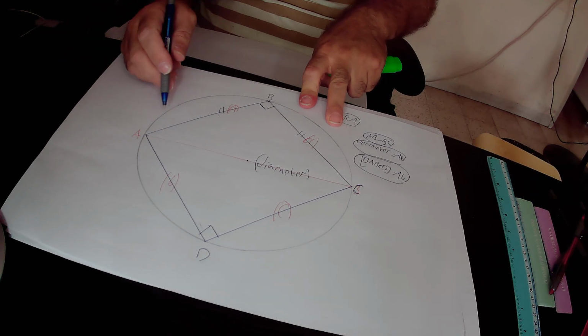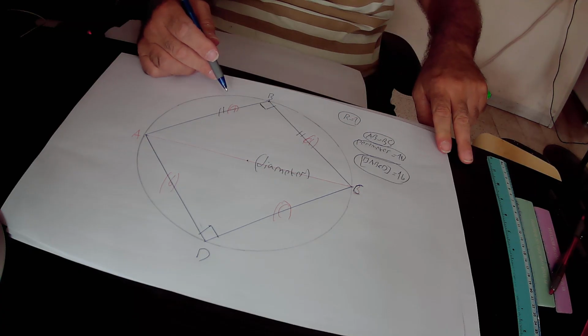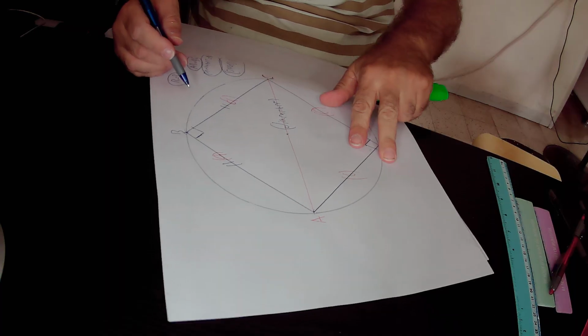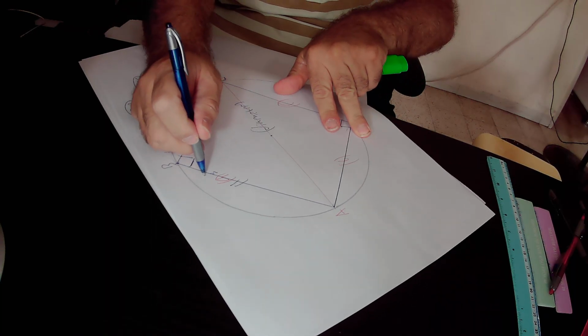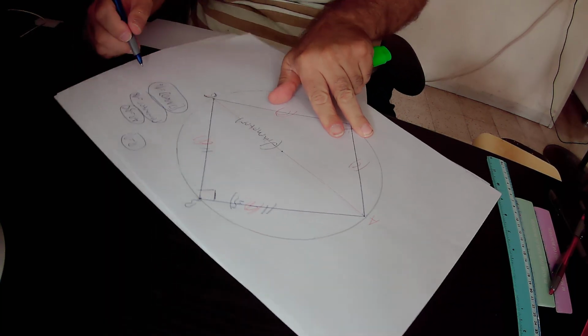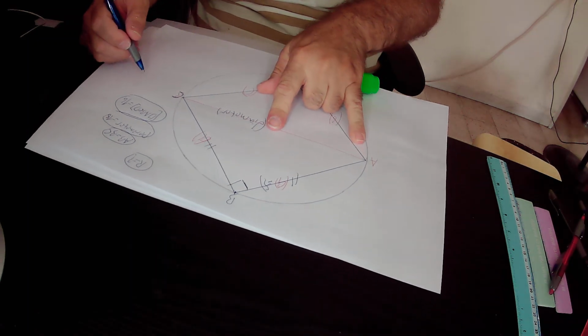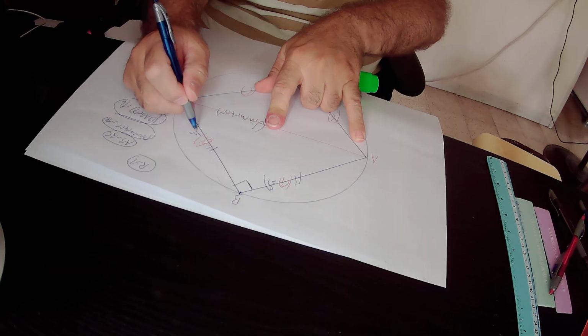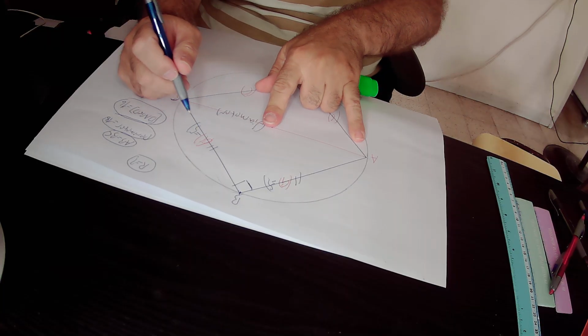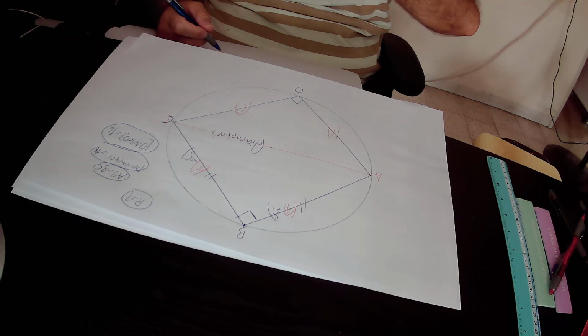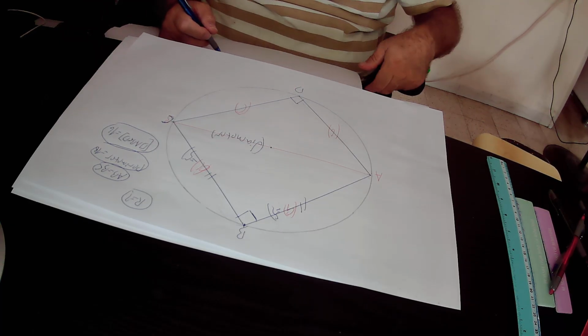So this side AB equals a, and a equals 5, and therefore AB also equals 5. Likewise, side BC equals a, which equals 5, and therefore BC also equals 5. So in the next step, we implement the Pythagoras theorem on this right triangle ABC.